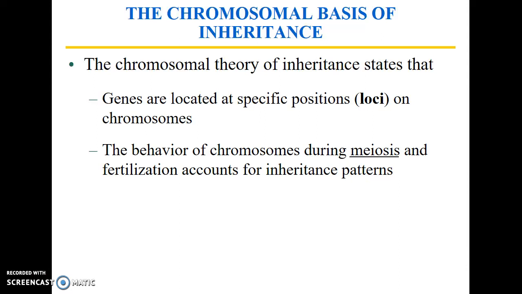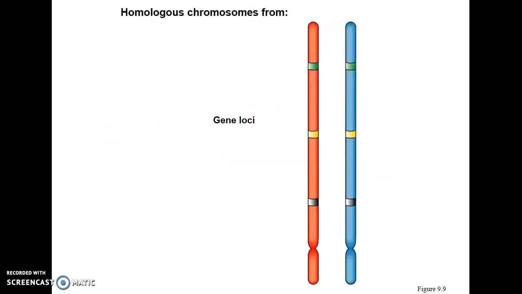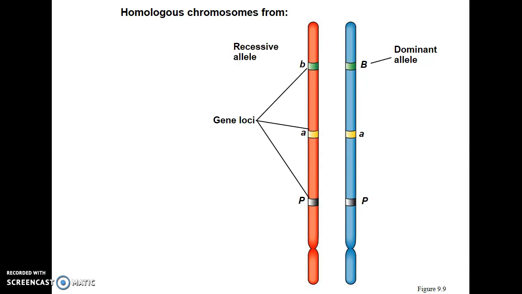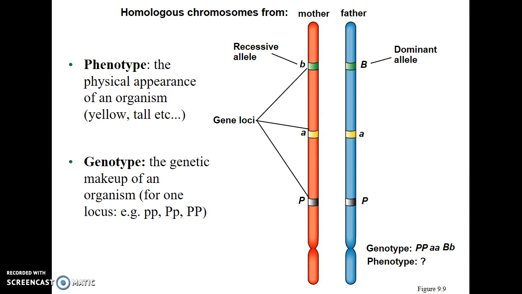And the behavior of chromosomes during meiosis and fertilization accounts for inheritance patterns. Now remember, we recently covered homologous chromosomes. Homologous chromosomes are those that we receive from each parent. We receive 23 pairs of homologous chromosomes from our parents.